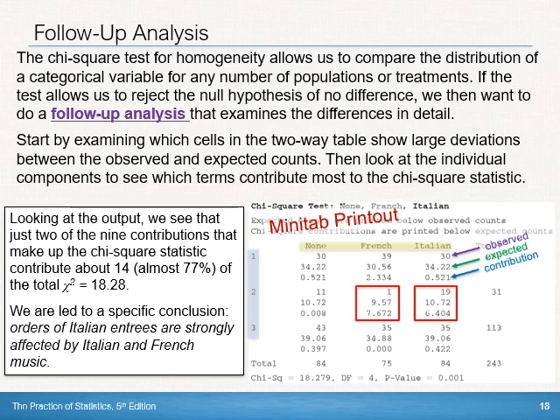So looking at our output, we see that just 2 of the 9 contributions made up about 14 out of the 18 value of the chi-squared statistic. So just those 2 alone made up about 77% of the chi-squared statistic. All right, so we are led to a specific conclusion: orders of Italian entrees, that was row number 2 in our Minitab printout, are strongly affected by Italian and French music.